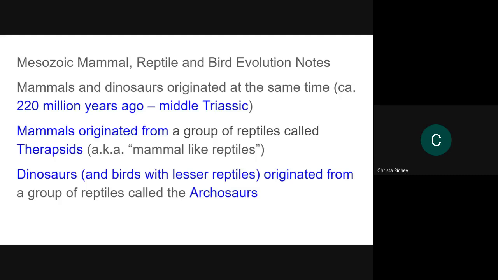Your dinosaurs and your lesser reptiles, including your crocodilians, which are way older than dinosaurs, evolutionarily speaking, evolved from the archosaurs. Archo meaning ancient or old. Birds evolved from these.